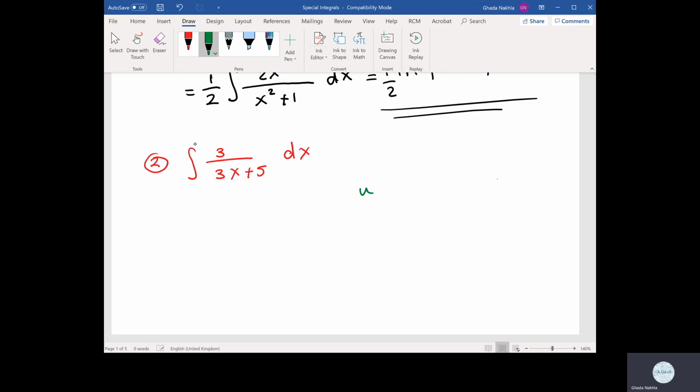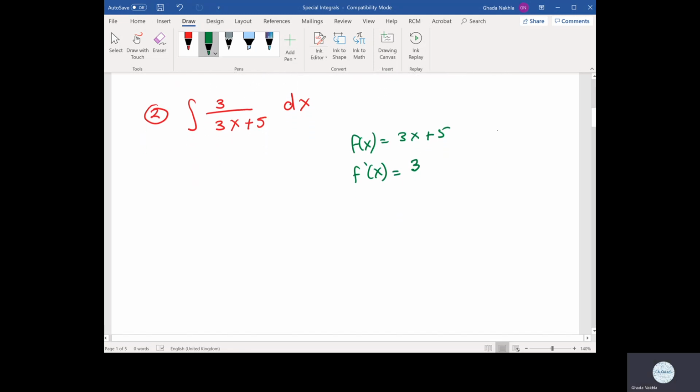If the denominator is 3x plus 5, I can say it's y or f of x. Therefore, f prime of x, f dash of x, or dy by dx, if y equals 3x plus 5, is 3. The derivative of 3x is 3, plus 5 disappears into 0.